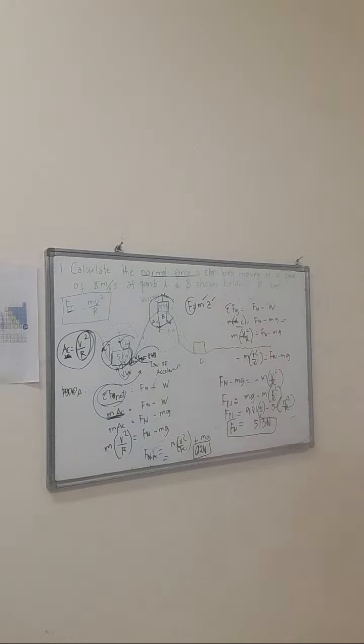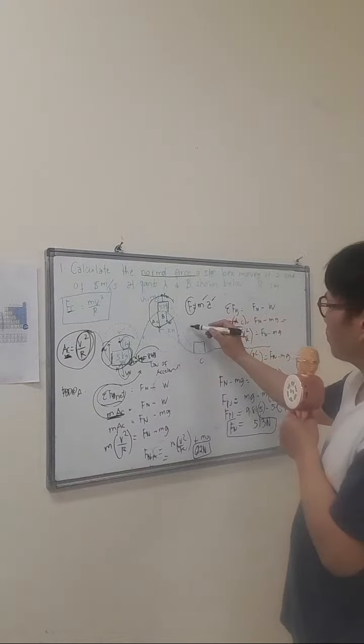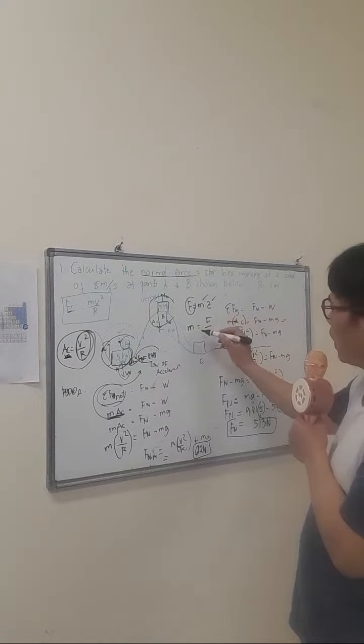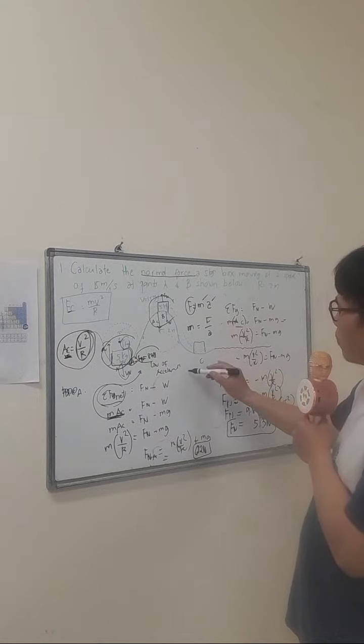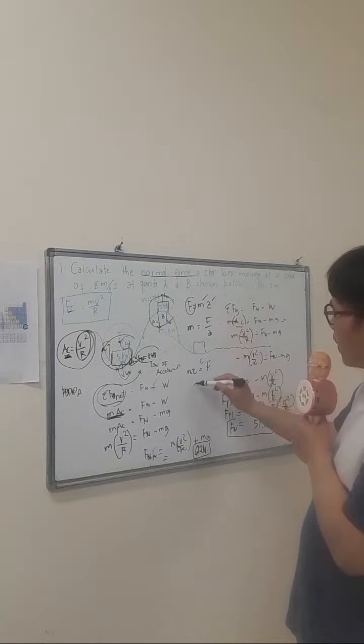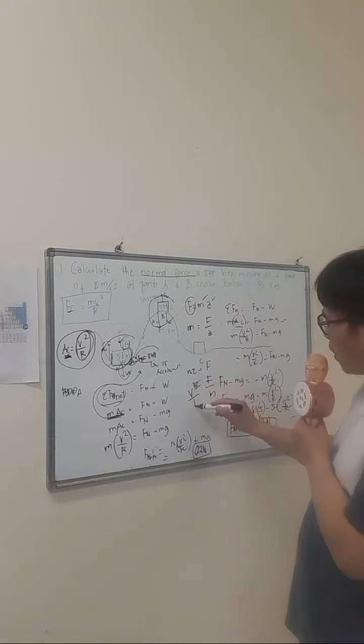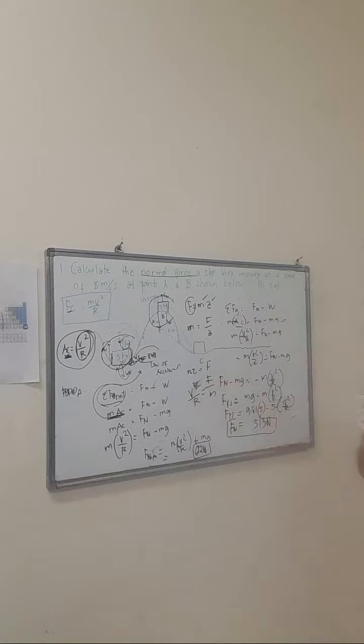Take note also that mass is equal to force over acceleration, and acceleration is equal to force over mass, and acceleration here is v squared over r. So that's why the force will also be reversed in magnitude between point A and point B.